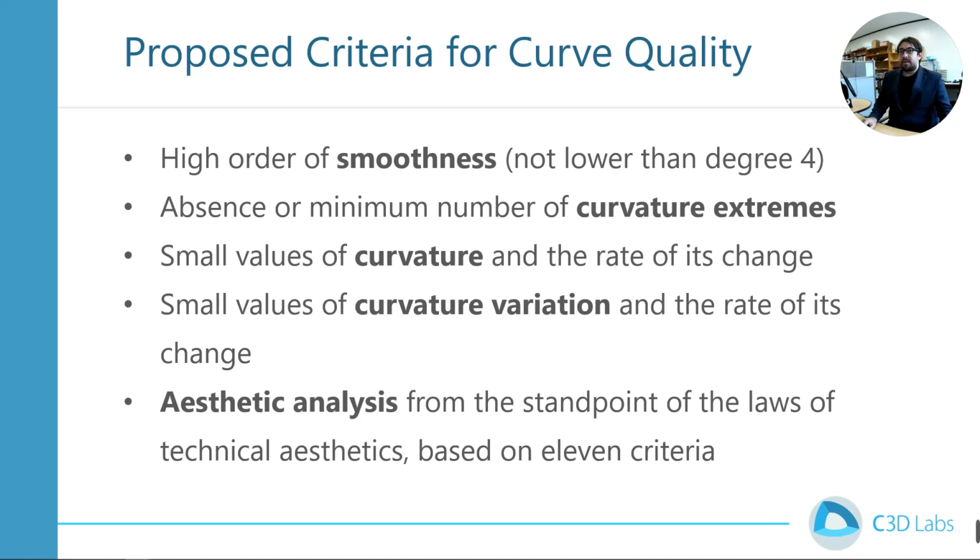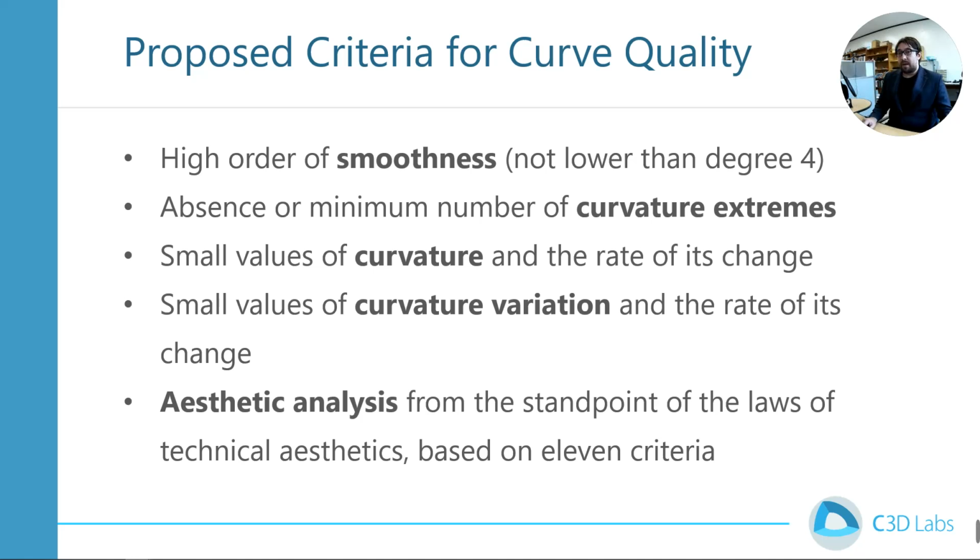Based on the analysis of point particle motion along a curved path, requirements for the quality of functional curves are proposed: a high order of smoothness, a minimum number of curvature extrema, minimization of the maximum value of curvature and its variation rate, minimization of the potential energy of a curve, and aesthetic analysis from the standpoint of the laws of technical aesthetics.